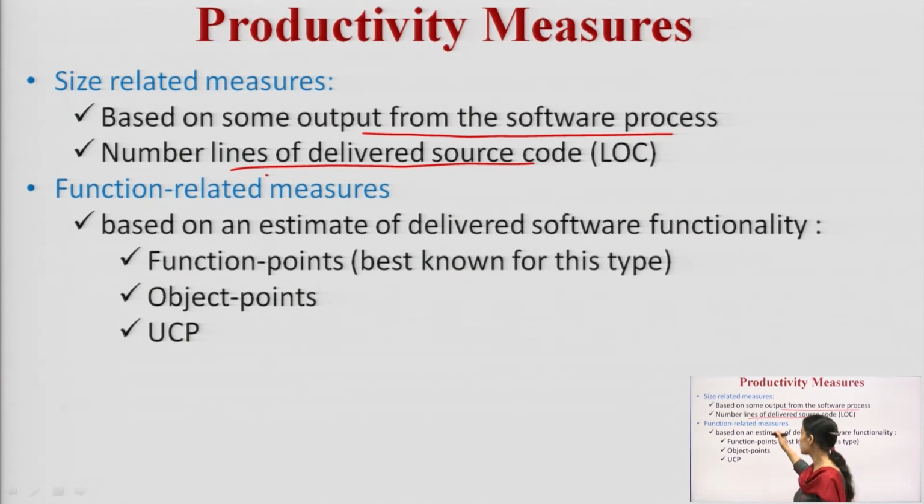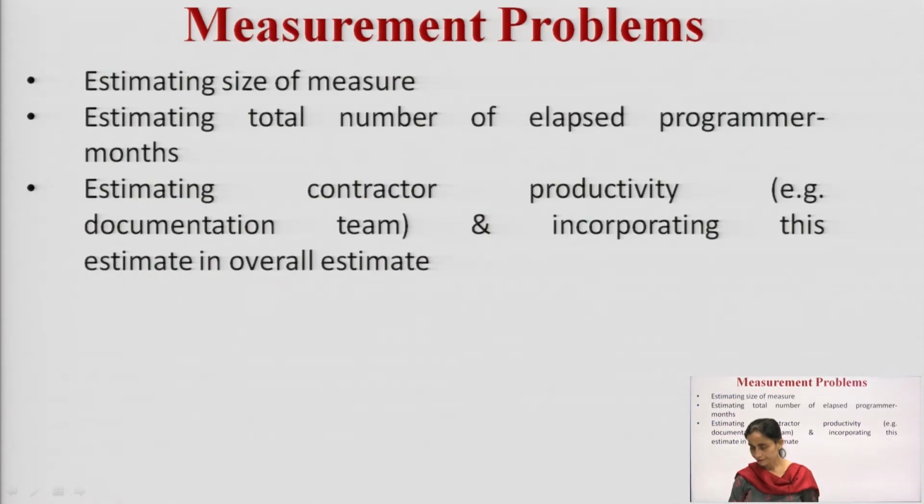My next parameter is function related measures, which are based on an estimate of delivered software functionality. It is counted in terms of function points, object points, or UCP. Then, the problems that we face are measurement problems while doing this cost analysis.